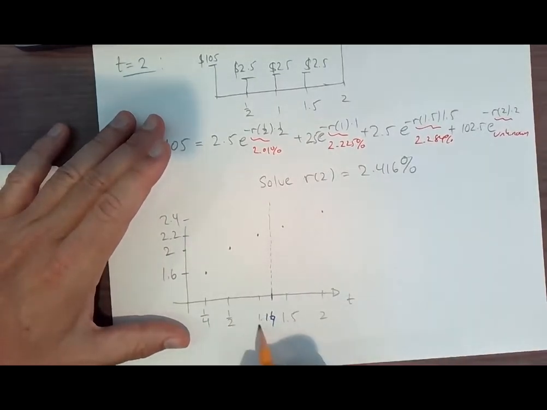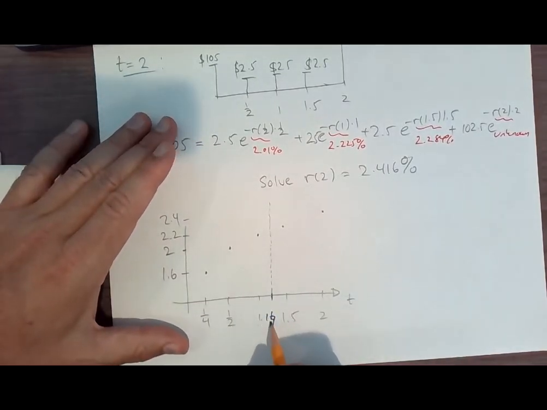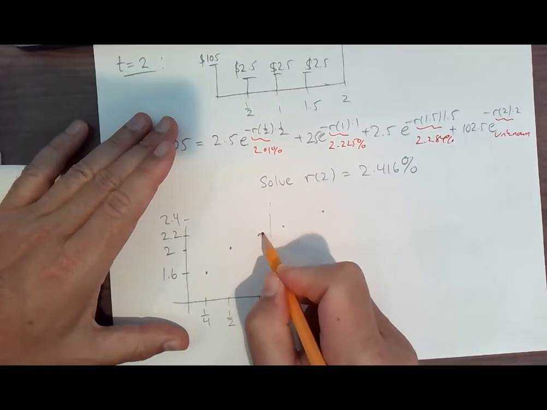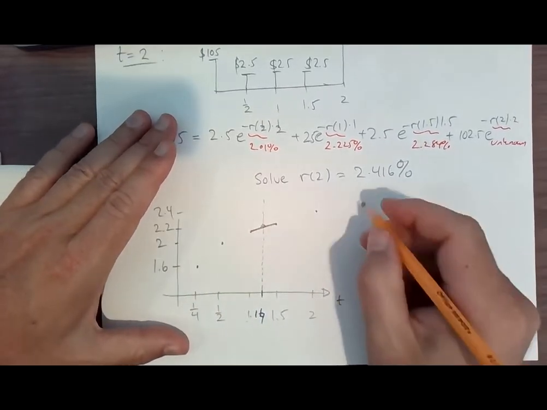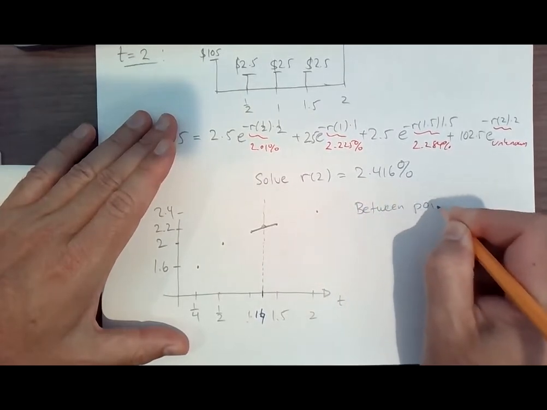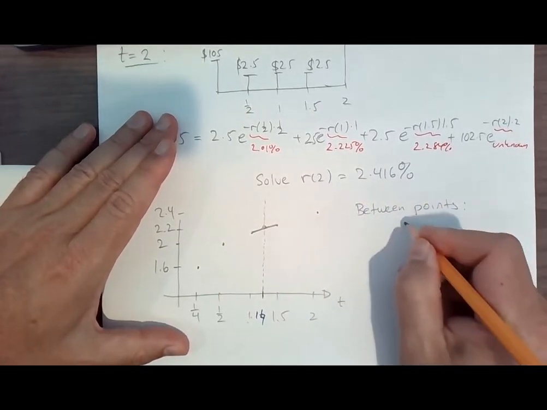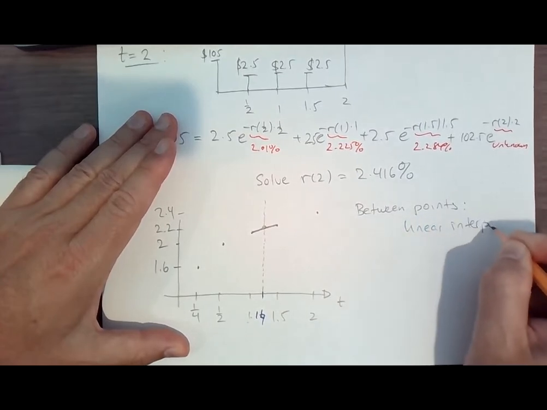So you're right in between these two, 1 and 1 plus 1 over 4. And so what you do is you connect these here with a straight line, and that's going to be your value there. So between points, you do a linear interpolation.